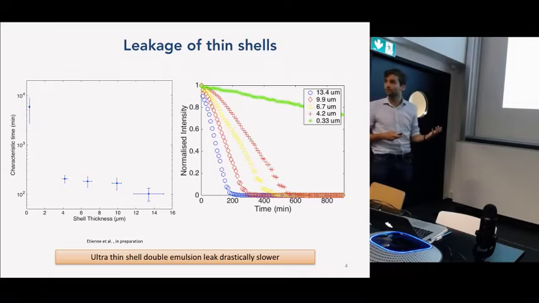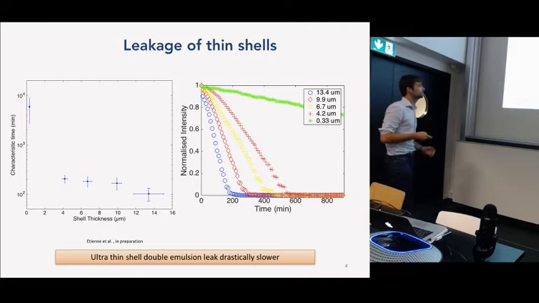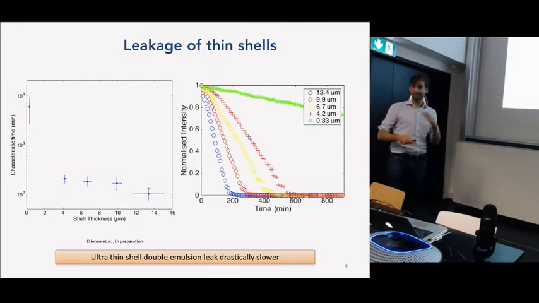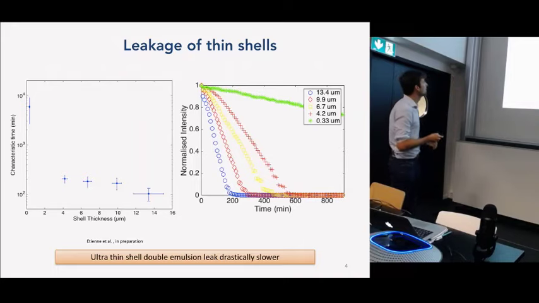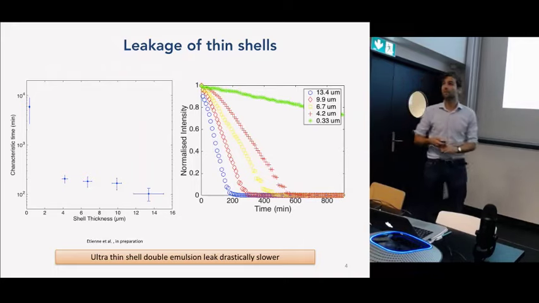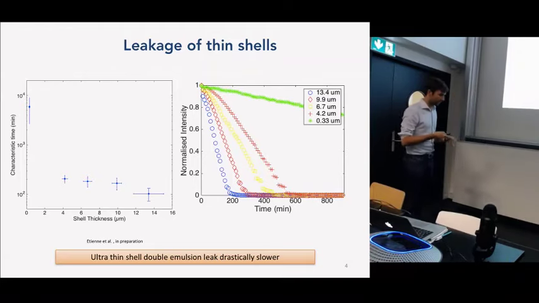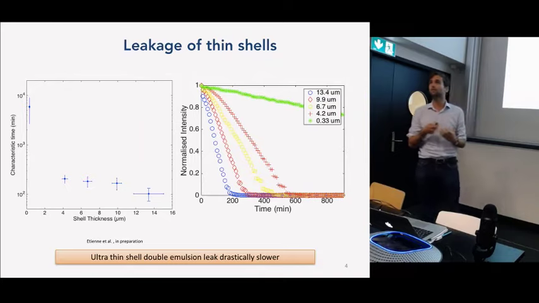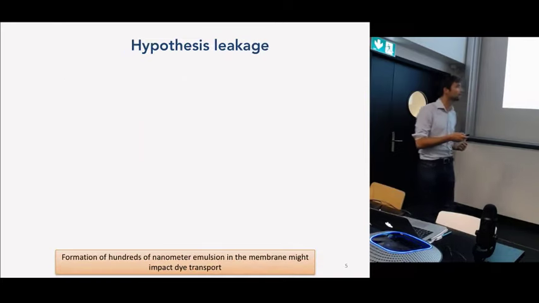What's interesting to see in this plot is that if you have a shell thickness between 4 and 13.4 micron, you have a characteristic time which is about 100 to 200 minutes, whereas for the thin shell, it's about 5,000 minutes. So the thin shell seems to leak drastically slower.